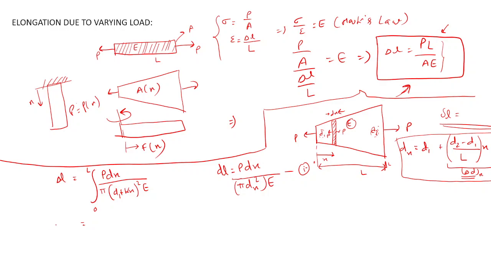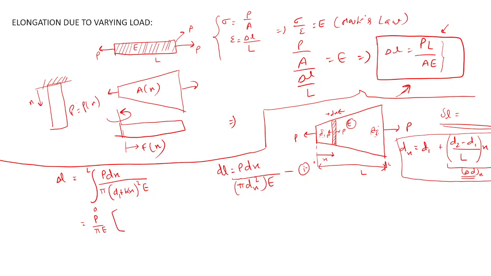So now we'll integrate. Anyone tell what would be the integration for this? P is the constant here. P by pi E we will take out, and the integration of 1 by x square, what is it?